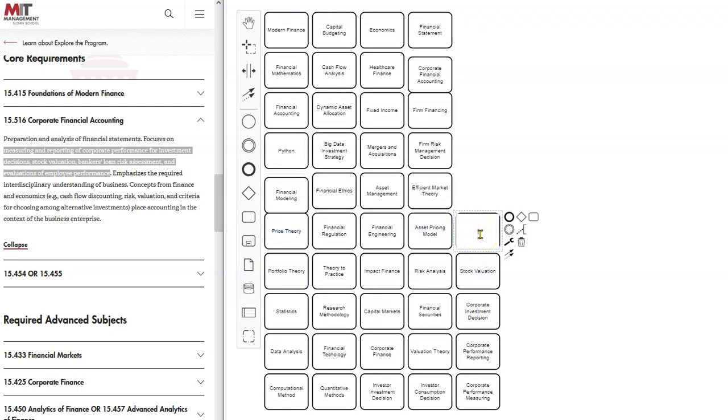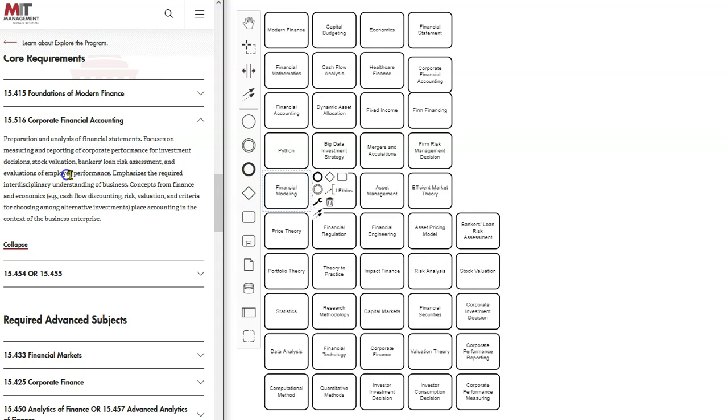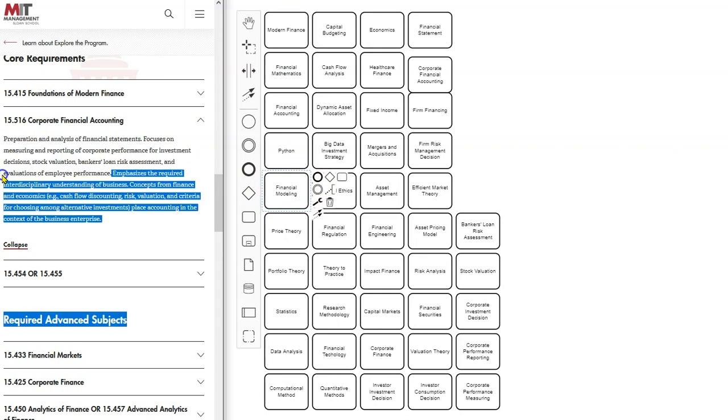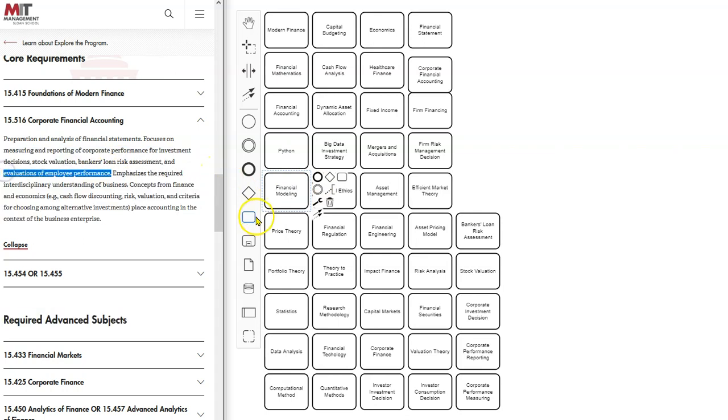We have banker's loan risk assessment. Evaluations of employee performance. Employee performance evaluation. How is your company employees doing?